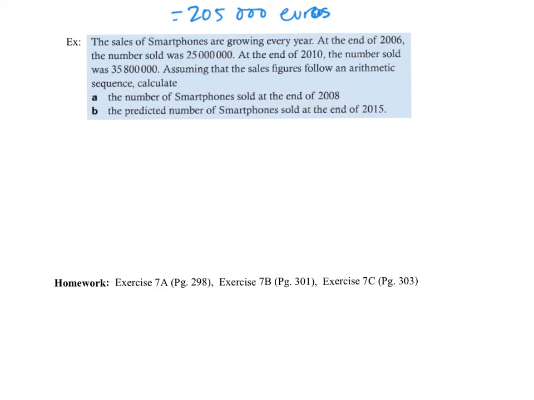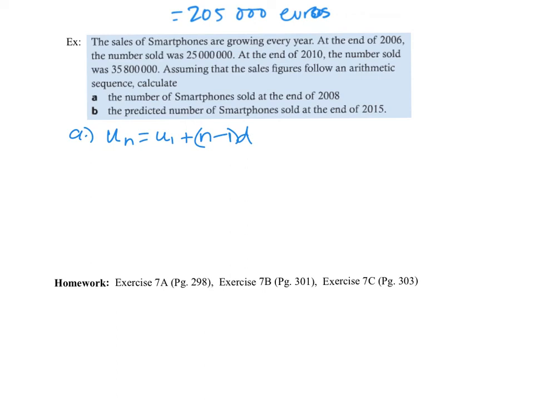So we're going to be looking for an nth term in letter A. So let's write the formula. U sub n, the nth term, is equal to the first term plus n minus 1, the number of terms minus 1, times the common difference. Okay, so let's see.